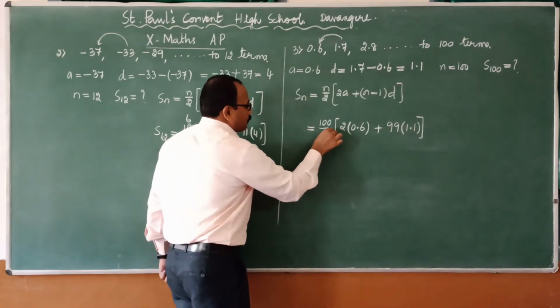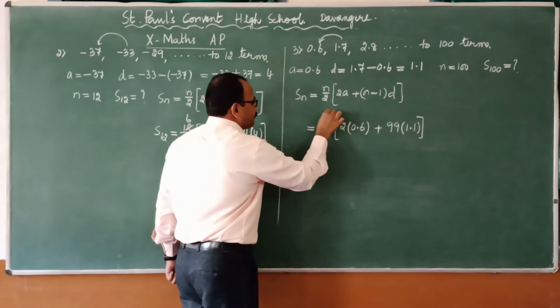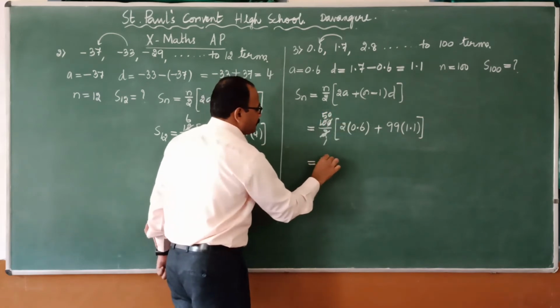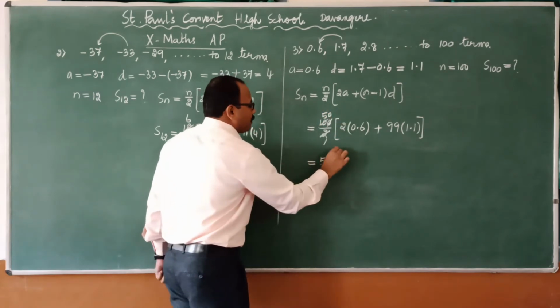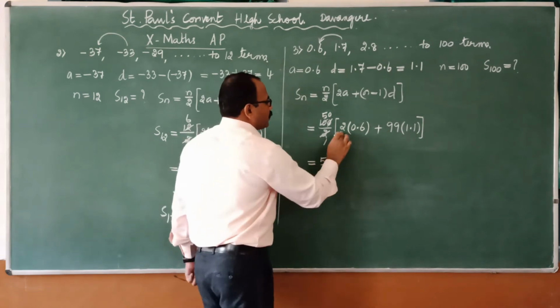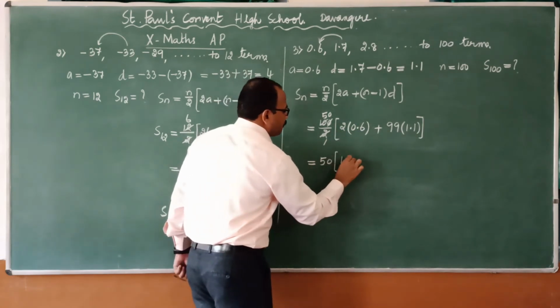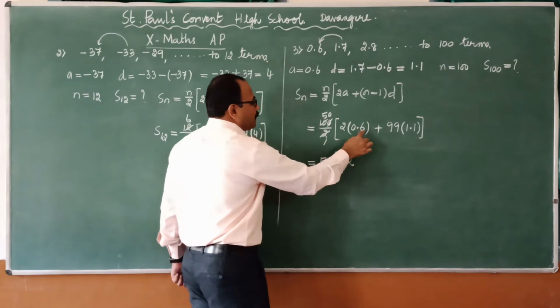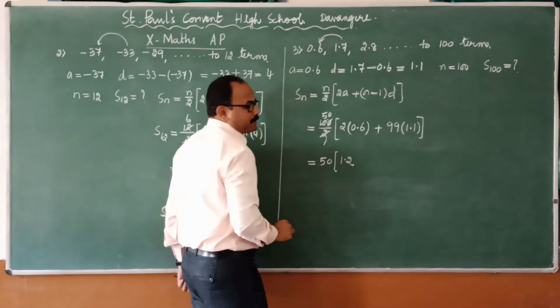Simplification. 2 times 50 is 100, so this is 50 times. 50 into the simplification of this. 2 into 6 becomes 12. After one digit the point is to be kept, I have kept it, children.